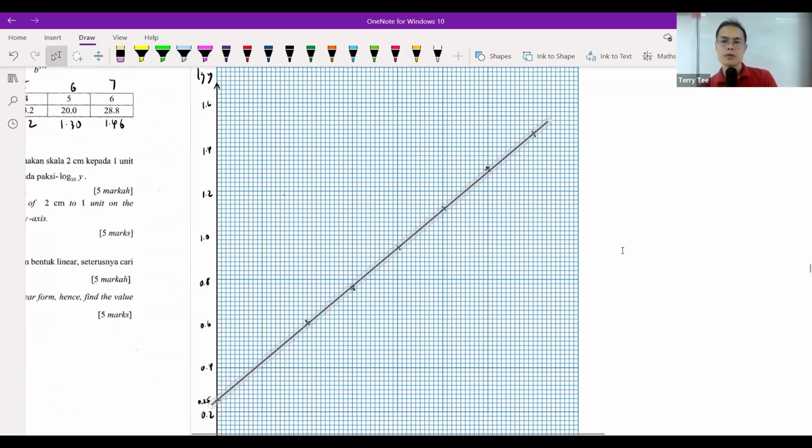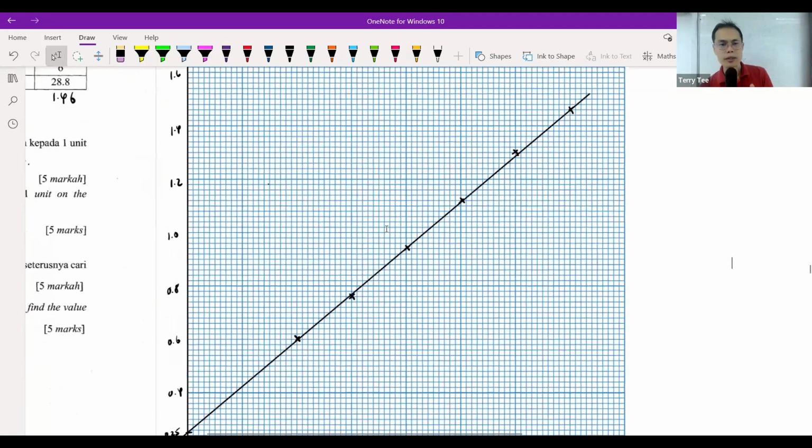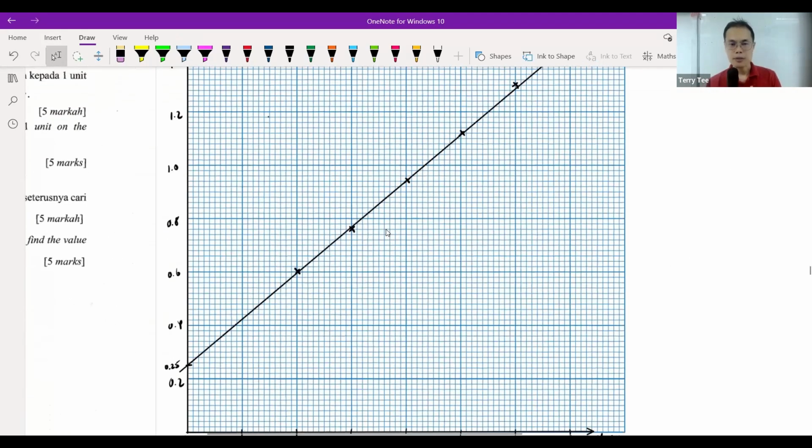Now the two things you need to find from the graph are the gradient and the y-intercept. For my gradient, we pick 5 boxes horizontally, because any number divided by 5 is a terminating decimal. I will pick this point, 0, 0.25.